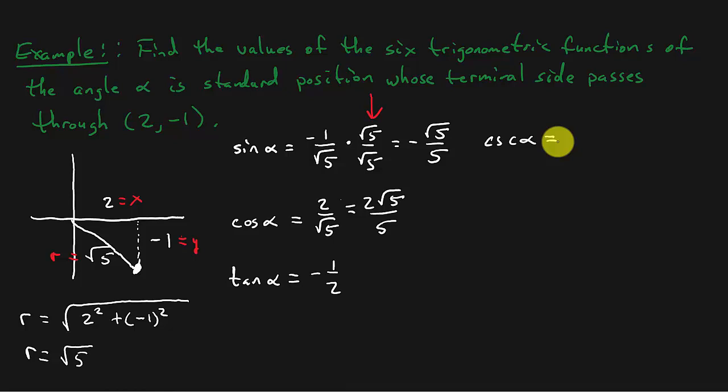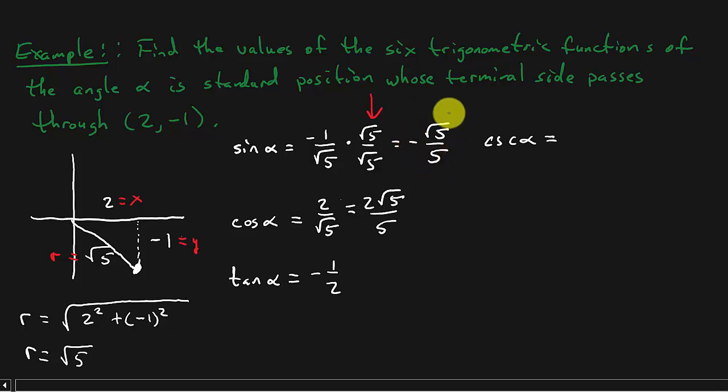Now, be smart about this, okay? Be smart. Now, let me show you something that a lot of students would do, but you don't want to do this. I mean, you can, but you're putting more work on yourself. So if I take this negative square root of 5 over 5, and I flip that, you see what happens?